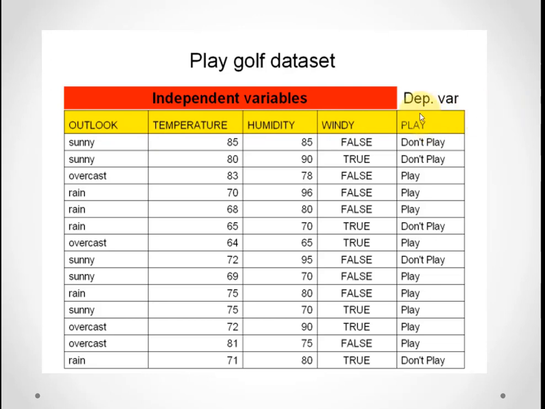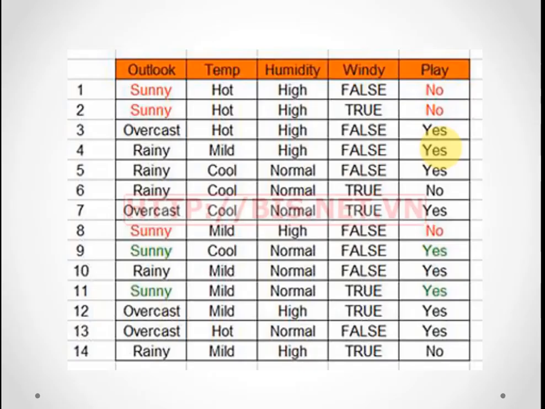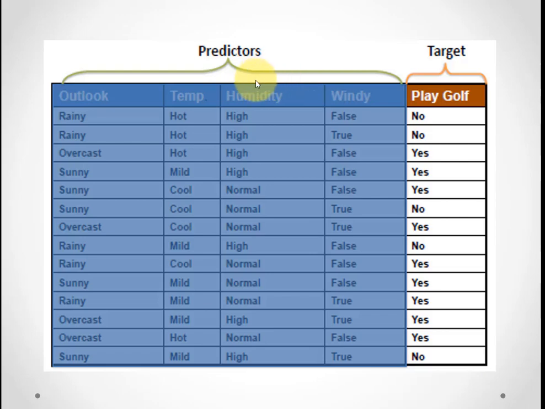So there's a lot of different terminology. They all basically refer to the same things. We have the input variables and the output variables. We can also use the terms the predictors and the target.